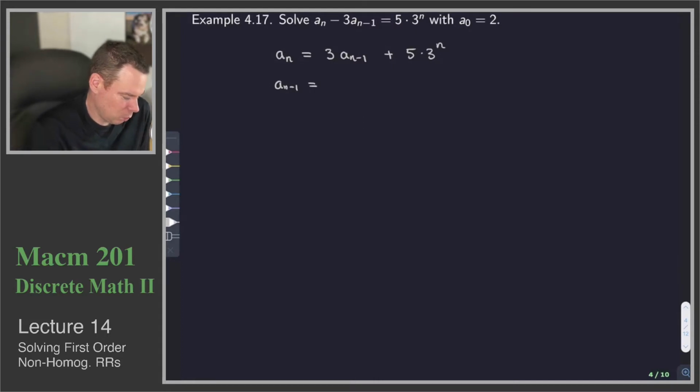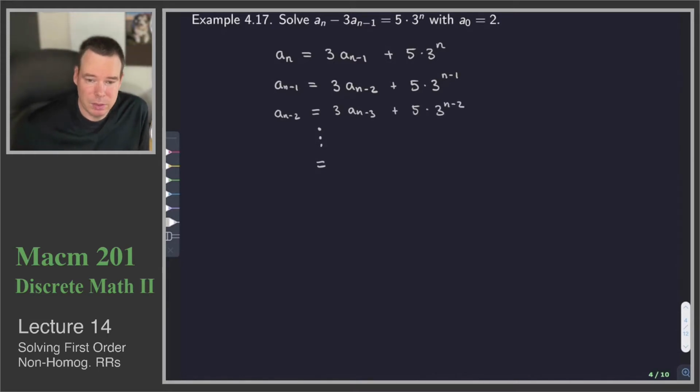So a_{n-1} is equal to 3 times the previous one, so 3 times a_{n-2}, plus 5 times 3 to the value of the index, n-1. And I'd like to do this over and over again. So maybe I'll do one more, just so we can spot a pattern, and then we'll write out some of the smaller values. So a_{n-2} is 3 a_{n-3} plus 5 times 3 to the n-2.